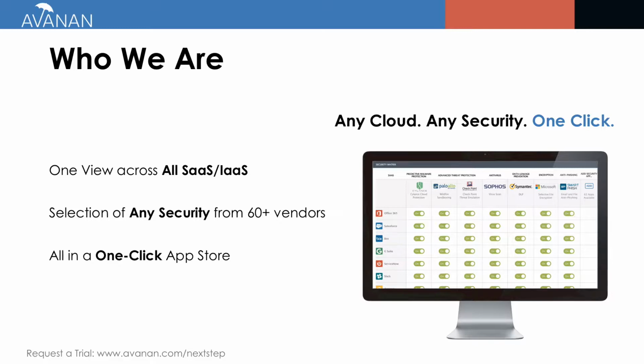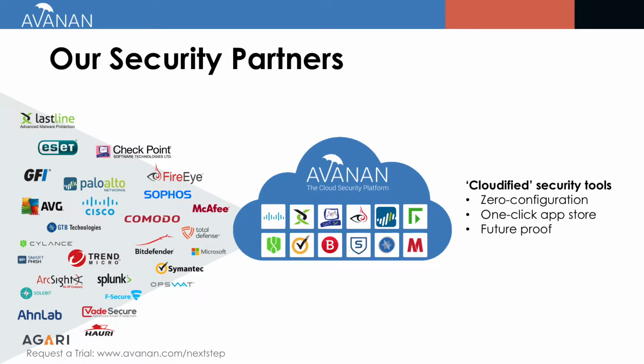And the thing that our customers really like is how quick and easy it is to do this. And they can do so leveraging best-of-breed vendors, vendors that you already know, love, and trust that you might work with today. We're providing those capabilities to you in a cloud-based platform. To that end, we have partnered with 60+ security vendors to fill the gaps left by cloud-based applications.